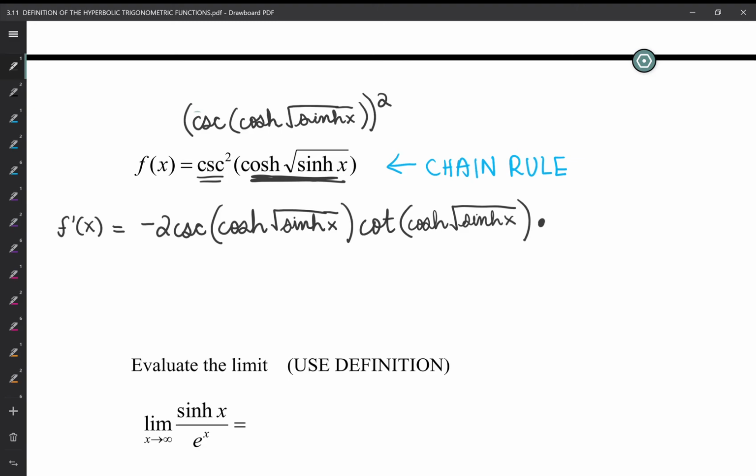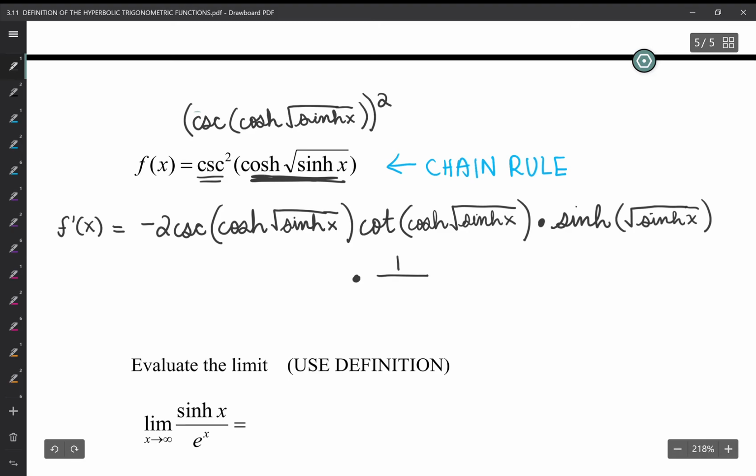So we have the derivative of hyperbolic cosine is hyperbolic sine of that square root of the hyperbolic sine of x, times the derivative of the square root of the hyperbolic sine of x.